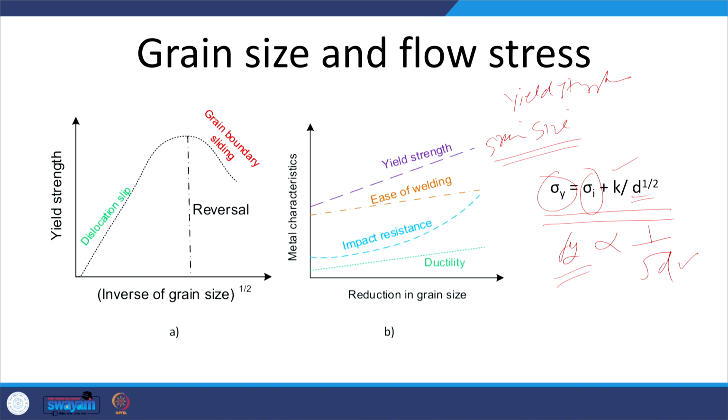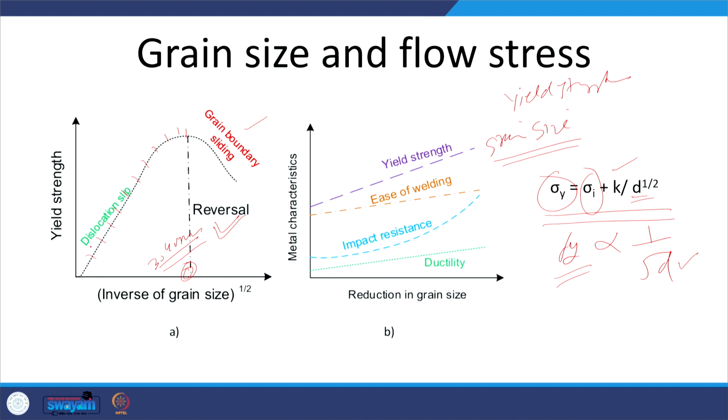This reduction in grain size increases the yield strength up to a certain limit, but below that, when the grains become much finer, the mechanism becomes different and grain boundary sliding becomes active, and then the reversal of the Hall-Petch relationship is observed, and this may be at around 30 or 40 nanometers. Otherwise, reduction in grain size like 50 micrometers to 1 micrometer or 800 nanometers.